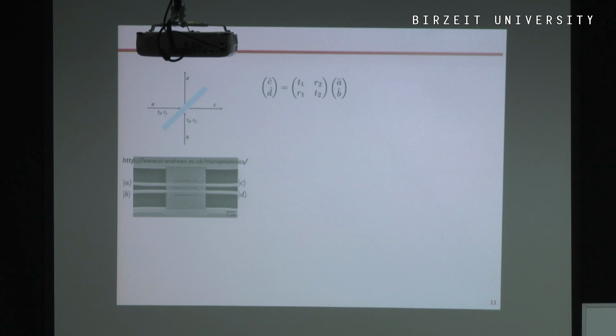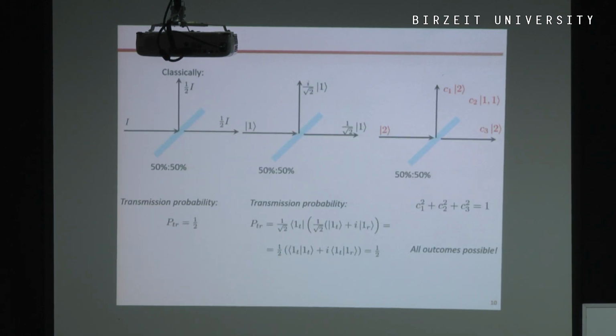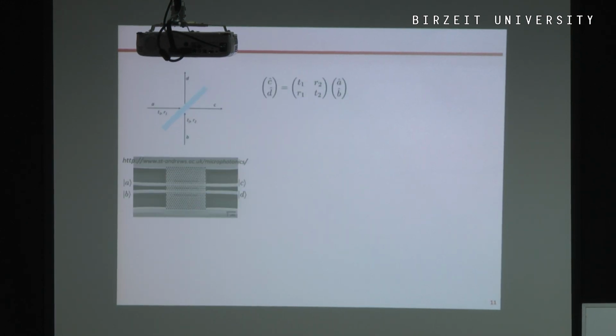We will represent it, I don't know if you can see it or not, I will refer to our input arms as A and B, and I committed a big crime here actually, and I hope you will not tell anyone, because I forgot to add an input B where I should place the vacuum state, which I told you just a moment ago never ever to forget. Anyway, from now on I will remember it. And here you are. So this is our model of a beam splitter. We have 2 inputs, and from each input, if we look, there is some probability of a photon being transmitted, some probability of a photon being reflected.